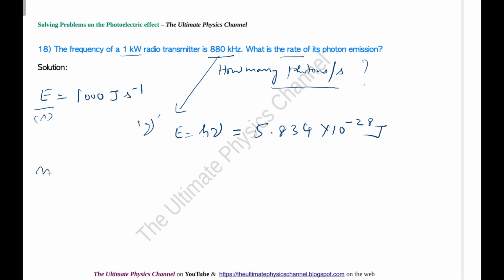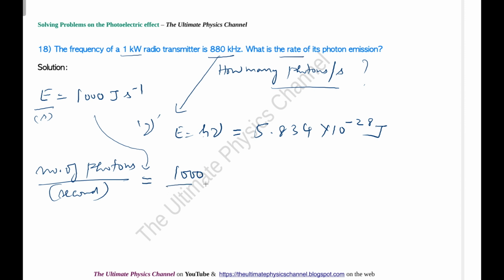So the number of photons per second that it emits. Directly we can take this rate and substitute here. So that is 1000 joule per second divided by this photon energy here, 5.834 times 10 power minus 28.